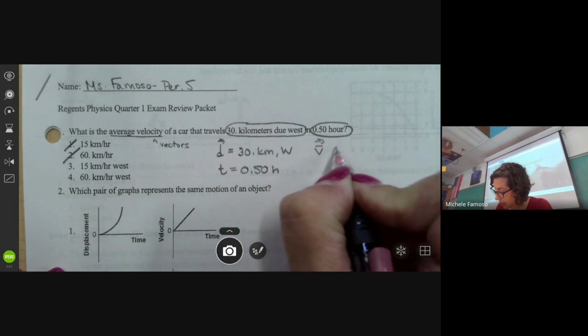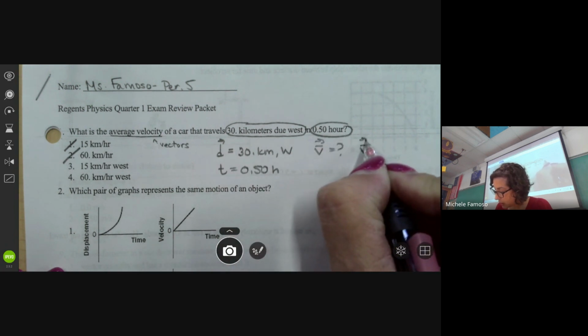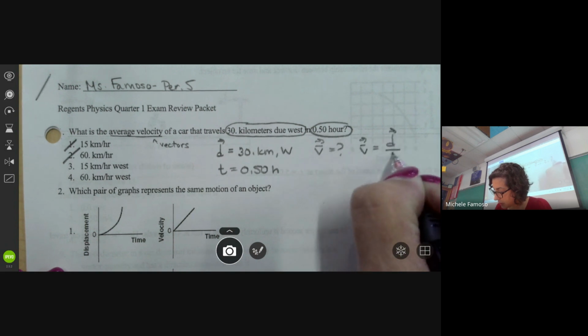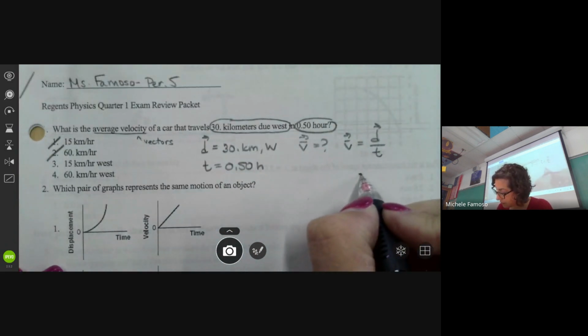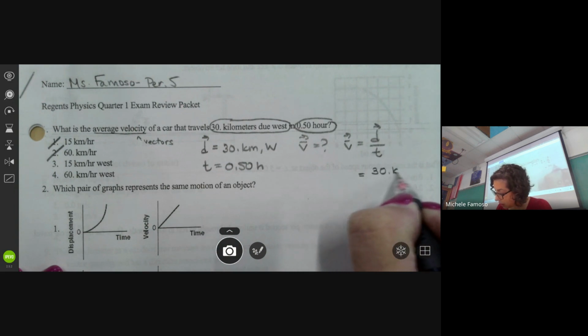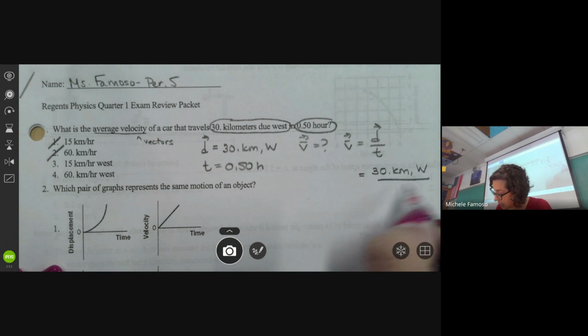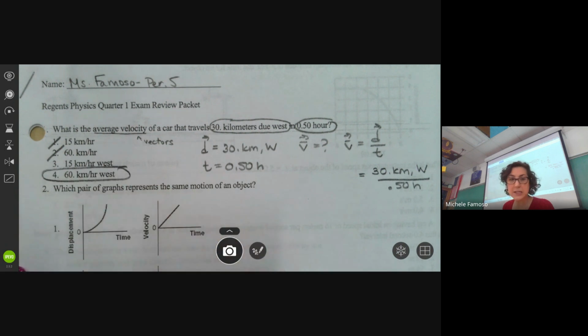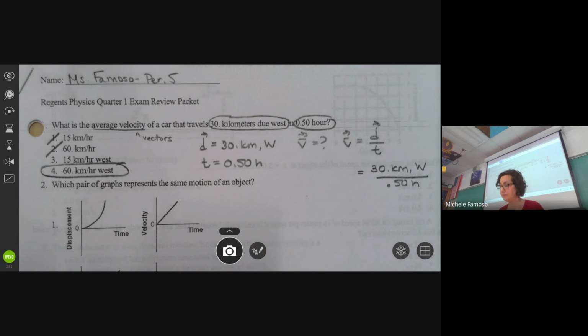We're looking for that average velocity. So we take the displacement and we divide it by the time. That is 30 kilometers to the west divided by 0.50 hour, which gives you an answer of 60 kilometers per hour to the west. Choice 4.